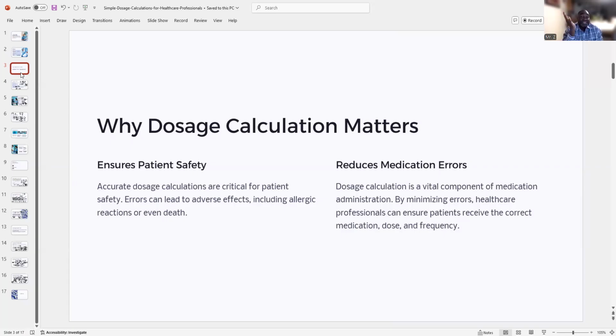The doctor has to prescribe 50 milligrams, because he says 5 milligrams per kilo of body weight, and the child is 10 kilograms.